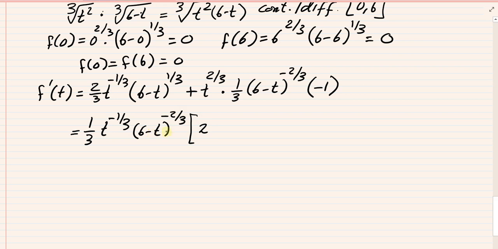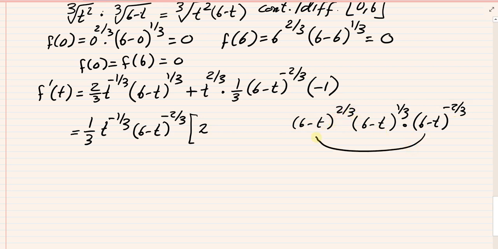Now interesting, I'm factoring this from (6 minus t) to 1/3, right? So how is that possible? Here's how it's possible. (6 minus t) to 1/3, because I'm factoring it out, (6 minus t) to negative 2/3, is also multiplied by (6 minus t) to positive 2/3.